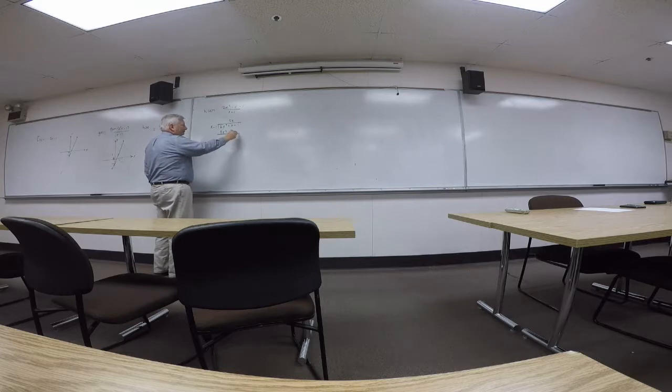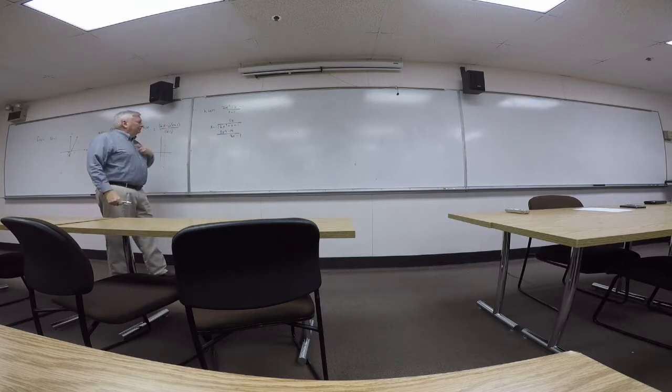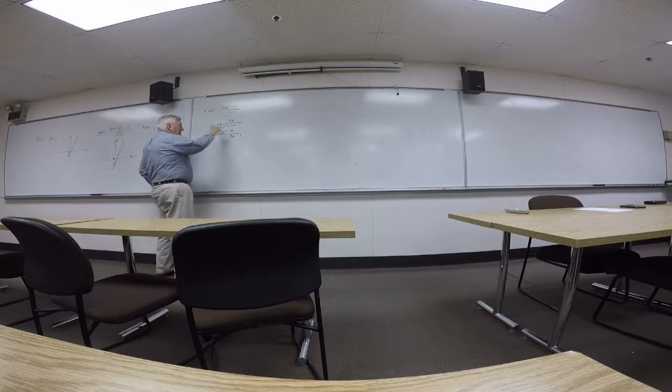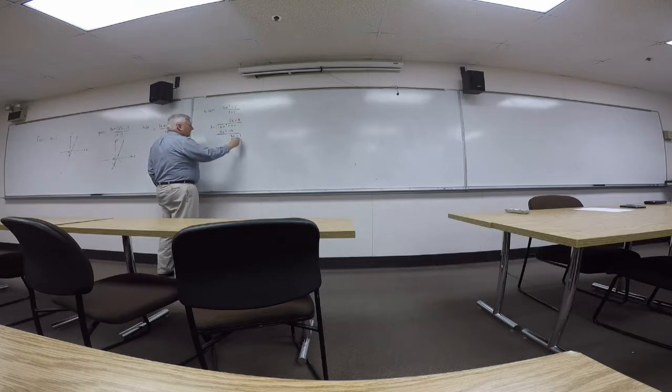Subtract. X squares go away. This becomes 3x. Bring down the next term. Excuse me. X goes into 3x 3 times. Multiply back. 3x minus 3. Subtract, give positive 2.